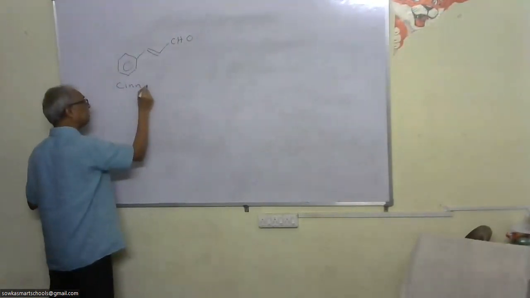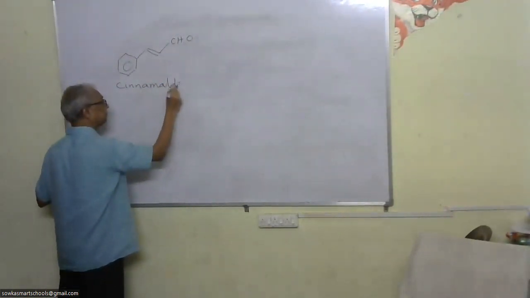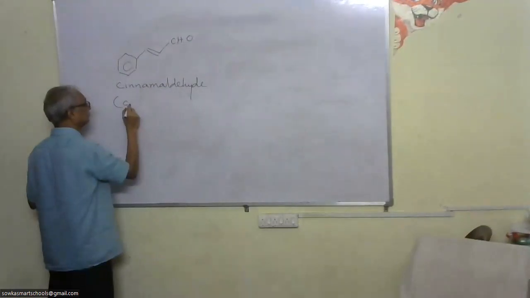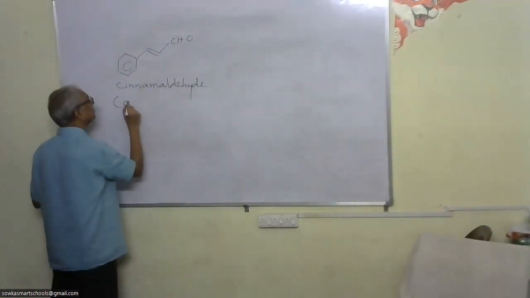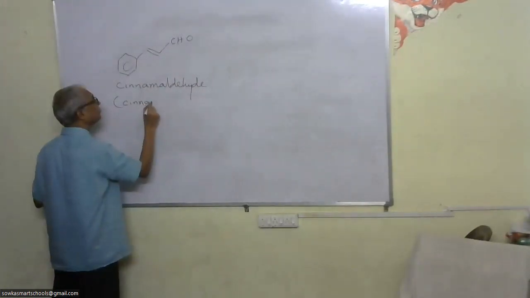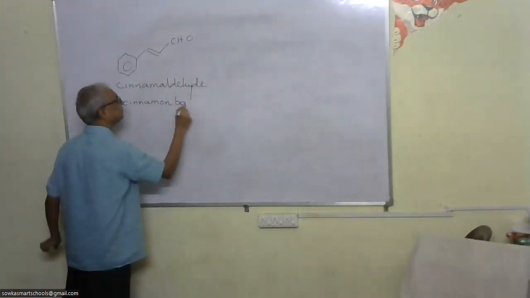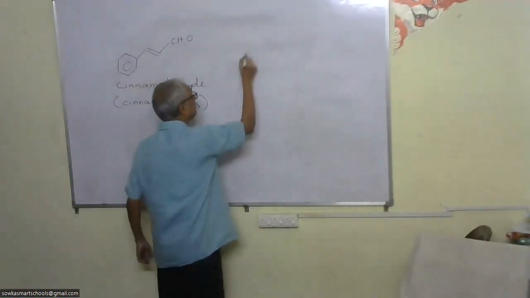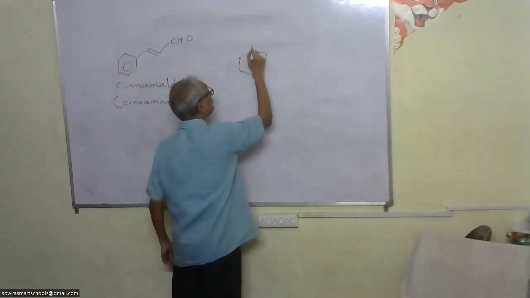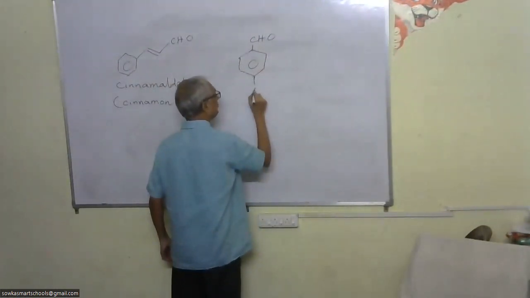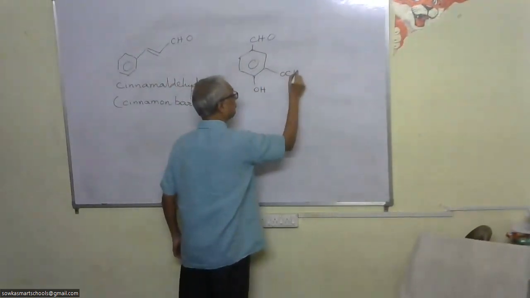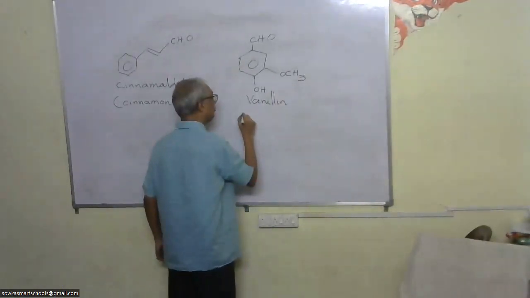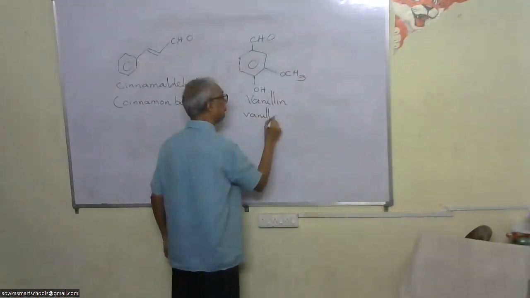This is known as cinnamaldehyde, found in cinnamon bark. And this is known as vanillin, found in vanilla beans.